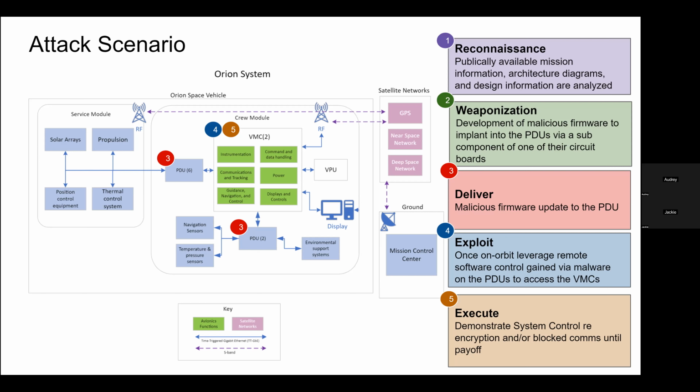Delivery is where we would infiltrate the supply chain to give a malicious firmware update to hopefully all of the PDUs. The exploitation would start on the PDU and then pivot to the VMC to gain code execution on those computers. And then execution is deploying the ransomware until the ransom is paid.